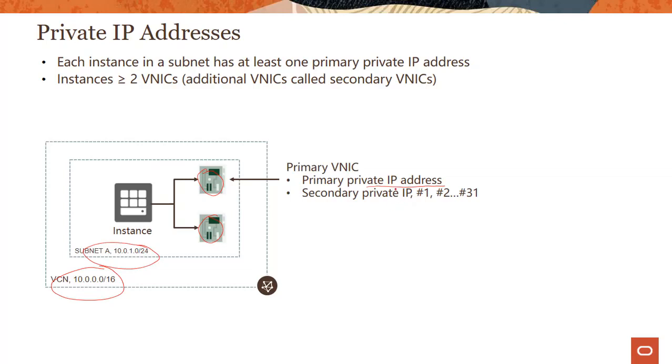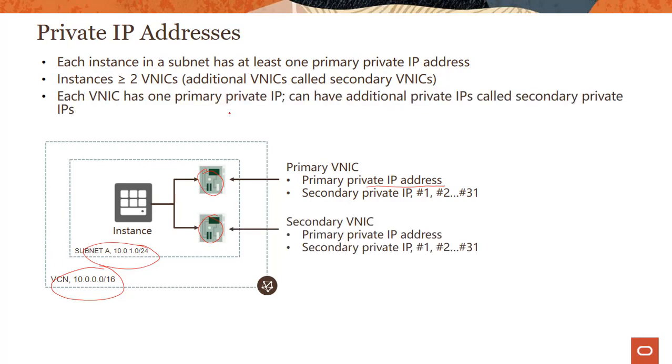Now you are not restricted to just one private IP address per instance. The first one is the primary private IP, but you can have additional private IPs, and these are called secondary private IPs. How many?